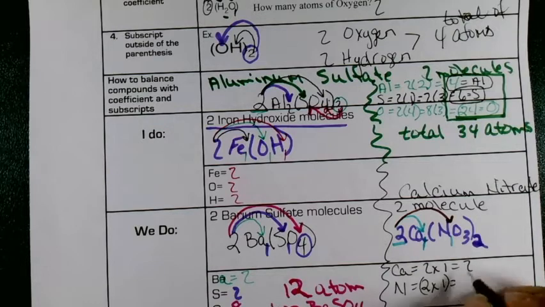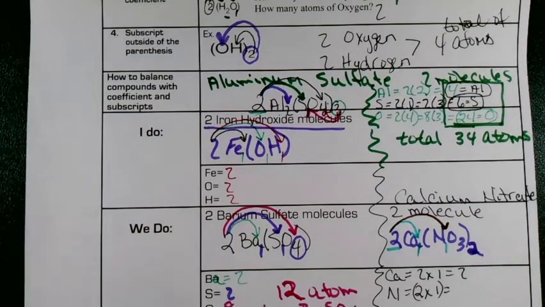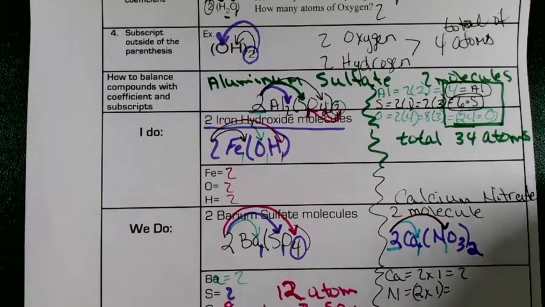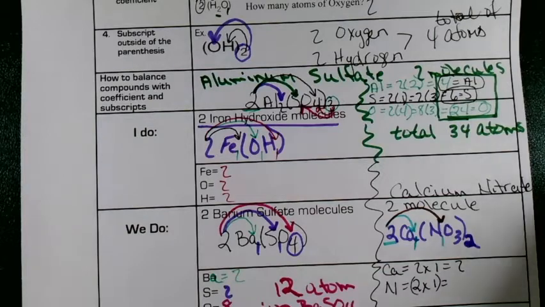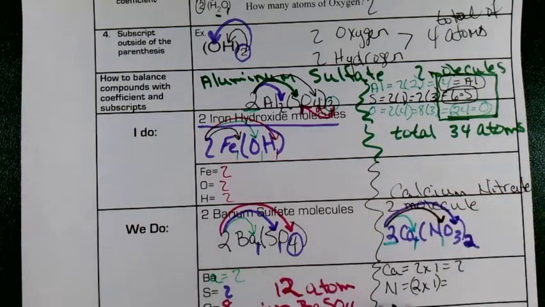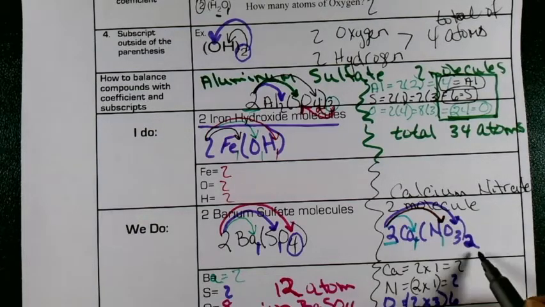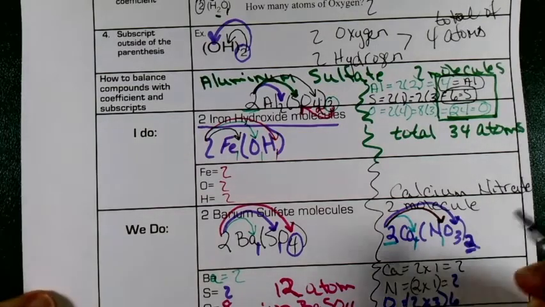But we cannot forget that subscript on the outside. We're going to get to that in just a moment. And then my oxygen is 2 times 3 is 6. But again, can't forget that subscript. So let's go back and do those subscripts real quick.